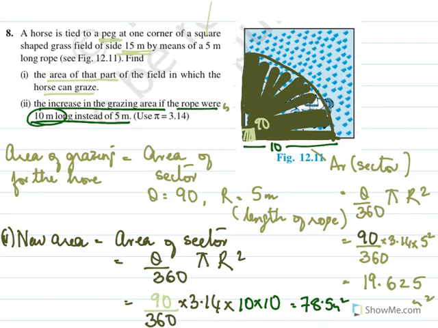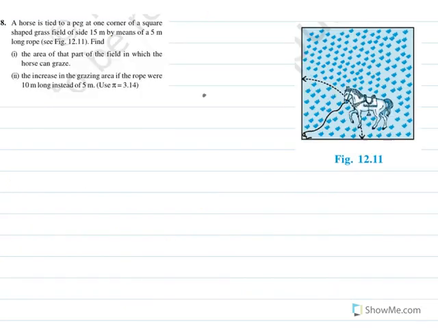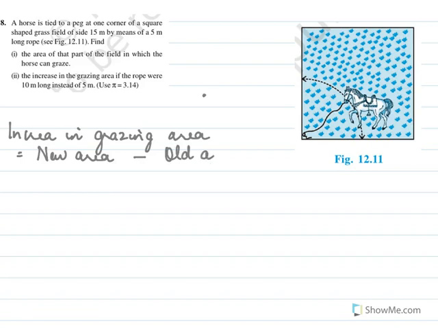And we have to find the increase in area. If you remember, this was the old area of 19.625. Now he can graze in 78.5, more area. So the increase in grazing area will be equal to the new area, which is larger because the rope was made longer, minus the old area.